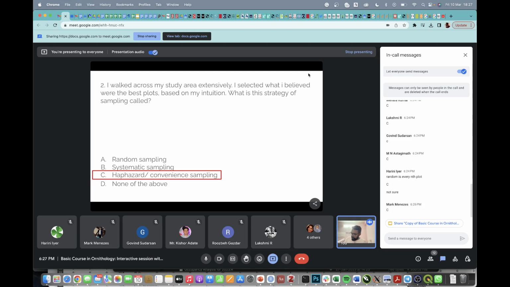How I would systematically do it is, so, do you see this? I hope you see it. Each plot is equidistant from each other, and that is more systematic sampling.